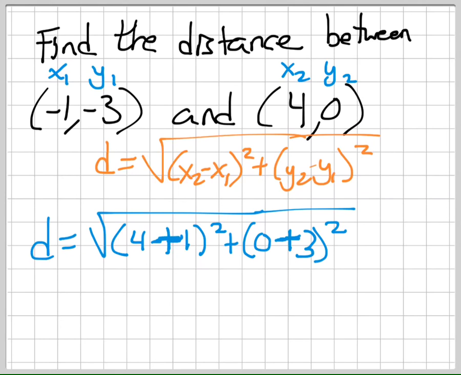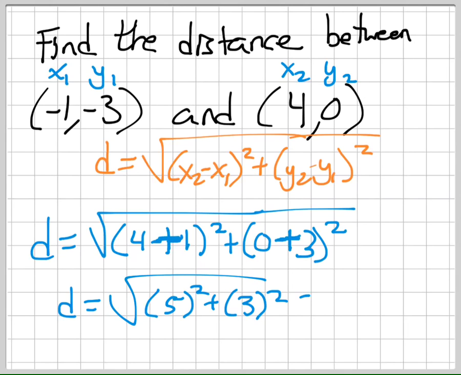Keep simplifying. Inside the parentheses, 4 plus 1, I have 5 squared. Here I have 3 squared. 5 squared is 25. 3 squared is 9. I add those two things together, and I get the square root of 34.